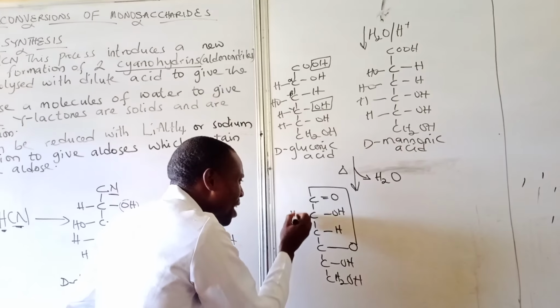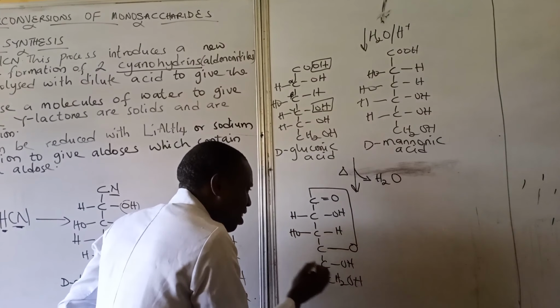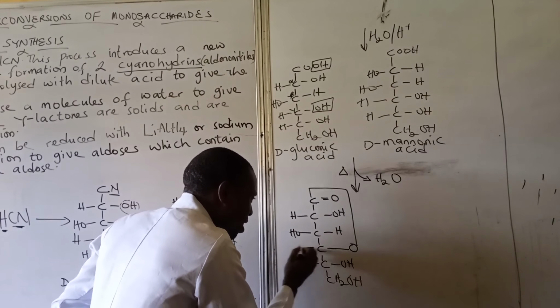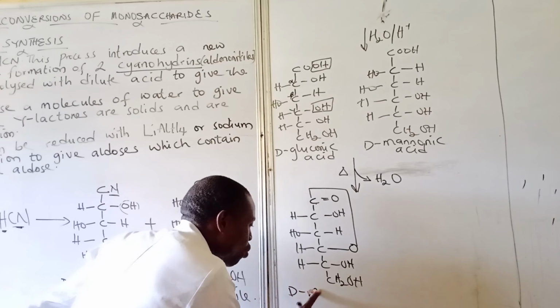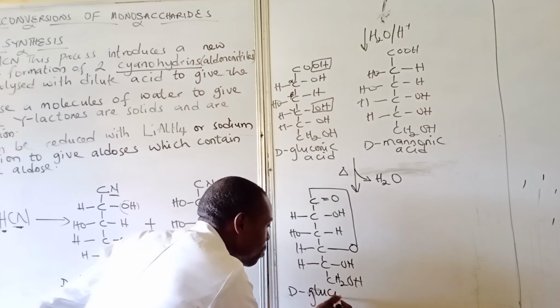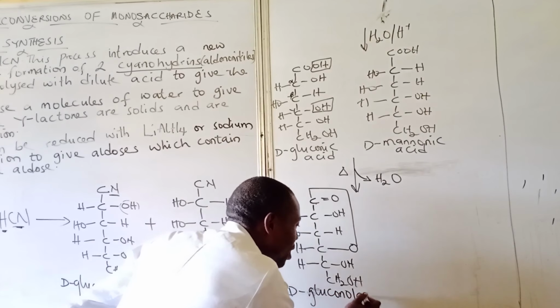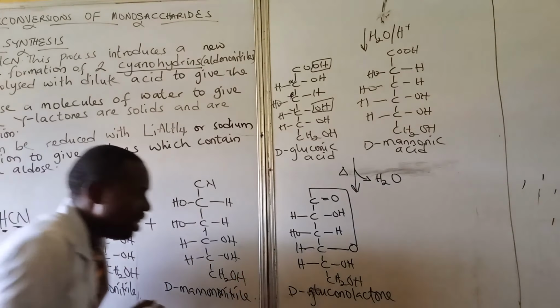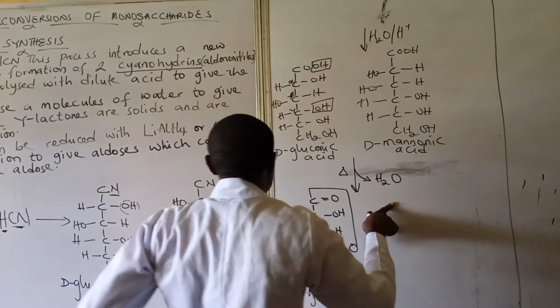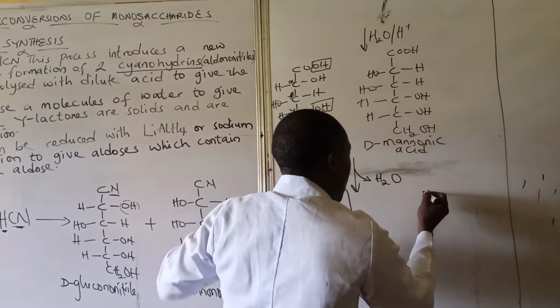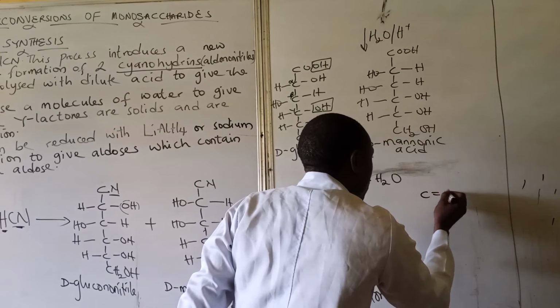Every other thing remains intact. So this one is what we call D-gluconolactone. Then we move to this other one, the same process we follow.